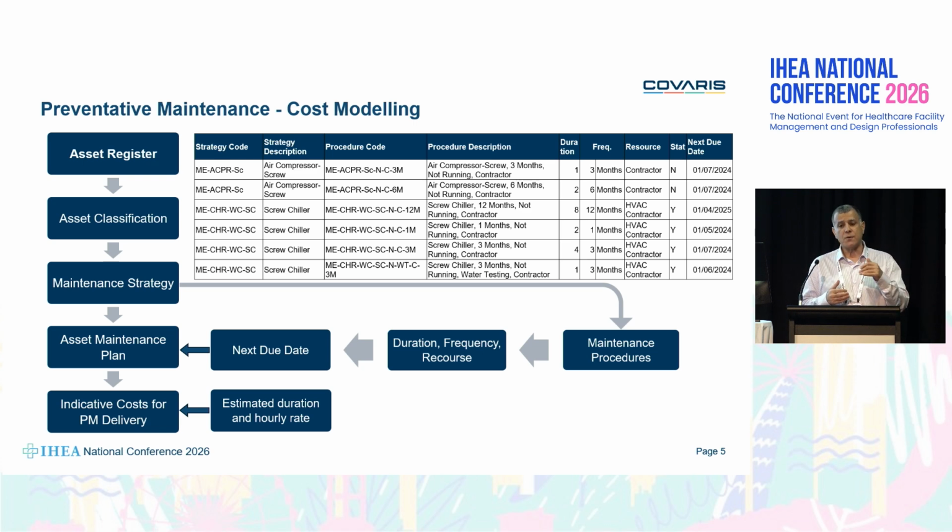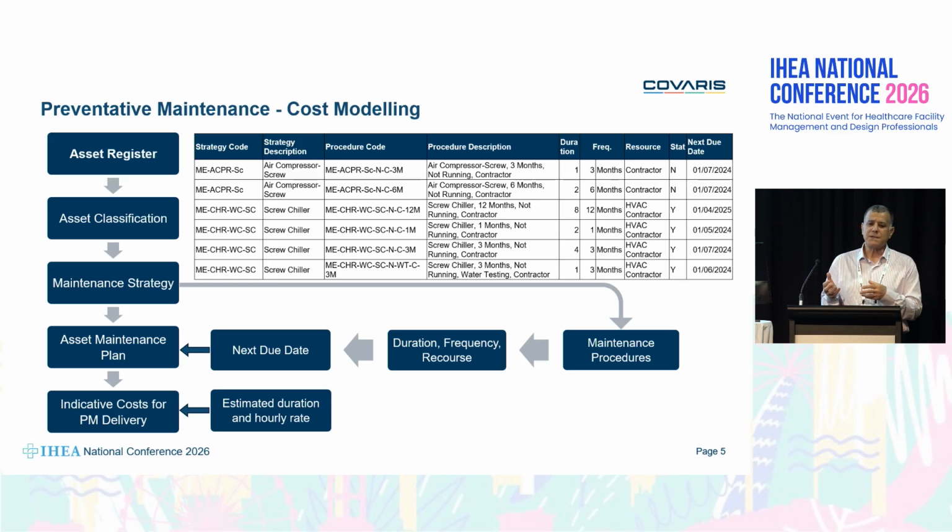Then you run the model across all the assets, by asset classification, as I mentioned, and it gives you an estimate of the number of hours and the equivalent dollar figure for preventive maintenance across this building or this facility.